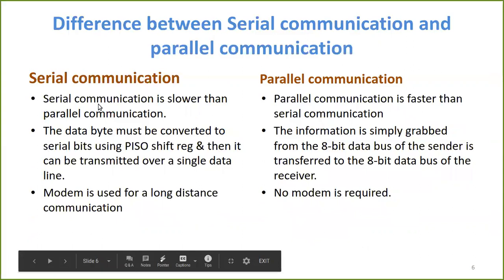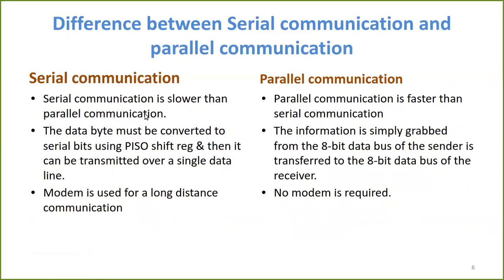Serial communication is slower compared to parallel, whereas parallel is faster. The data byte in serial communication should be converted by a parallel in serial out shift register and then transmitted over a single line. But in parallel communication, there is no need of conversion.